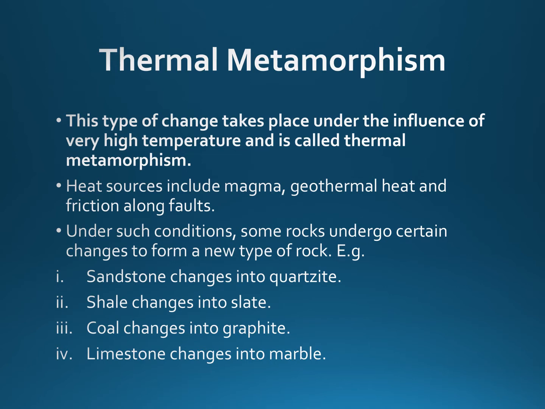Under such conditions, some rocks undergo certain changes to form a new type of rock. For example, sandstone changes into quartzite, shale changes into slate, coal changes into graphite, and limestone changes into marble.